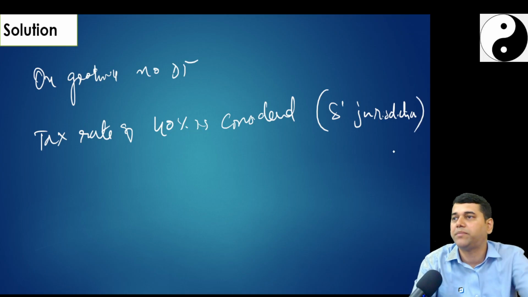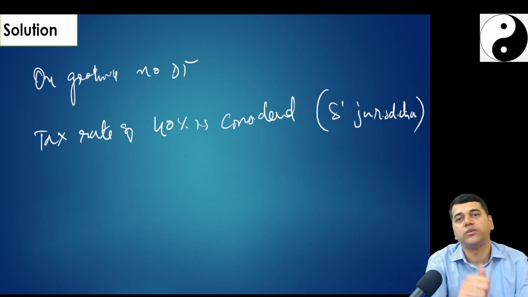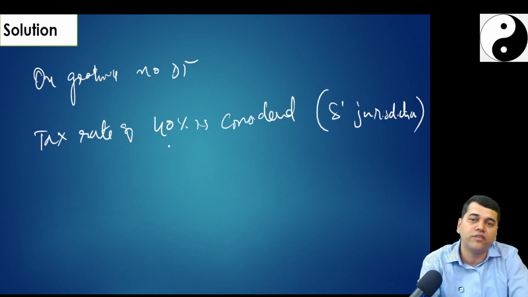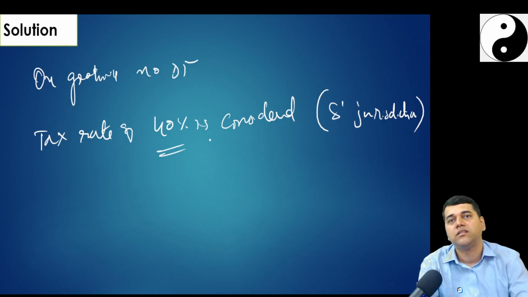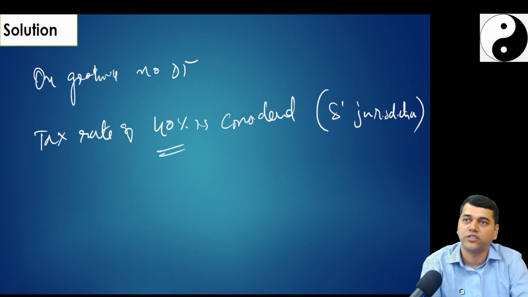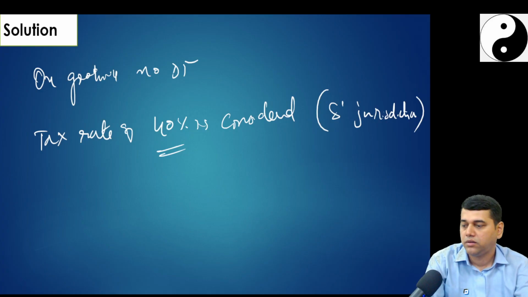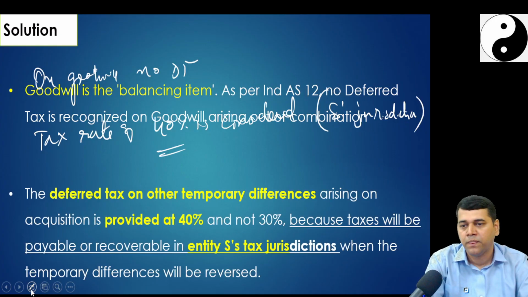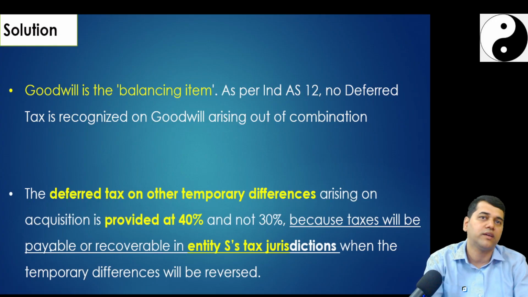Because whenever the temporary differences are going to come, who is supposed to pay the tax? S is supposed to pay tax. So you say that we consider 40% tax, which is of S jurisdiction, not your jurisdiction. So one small theory.